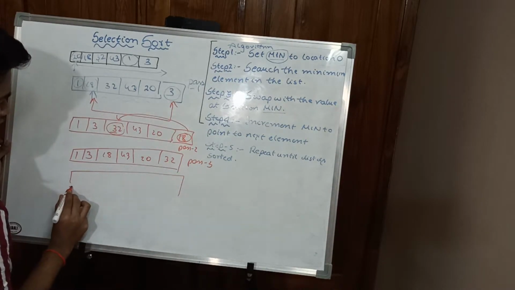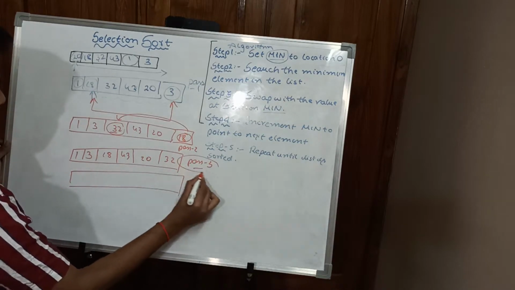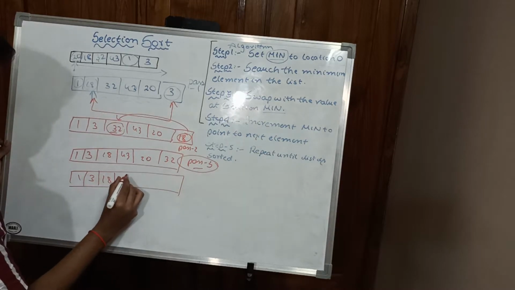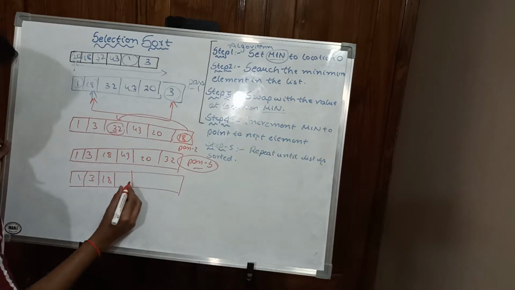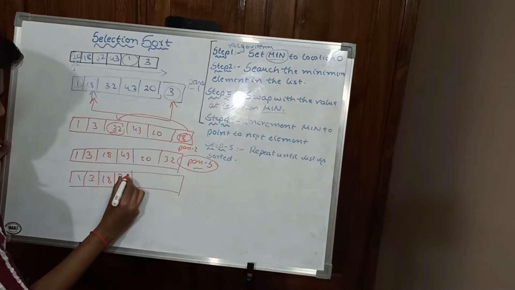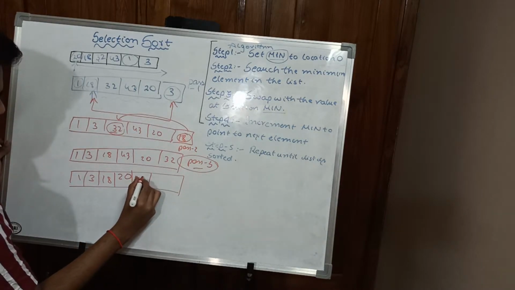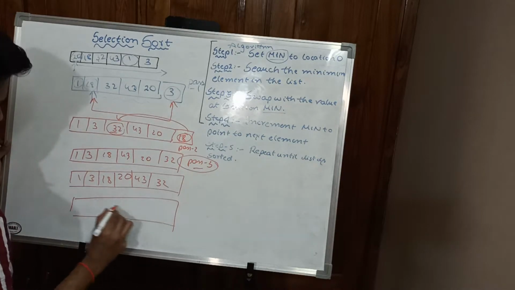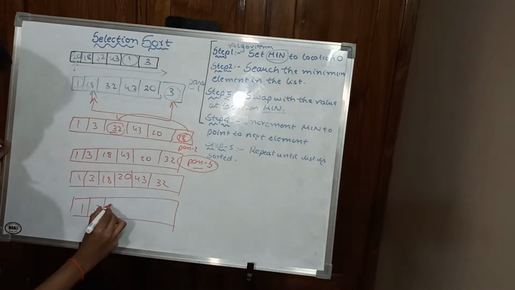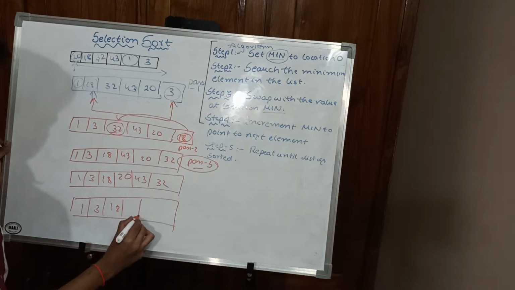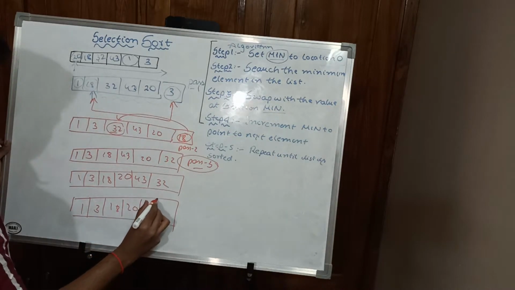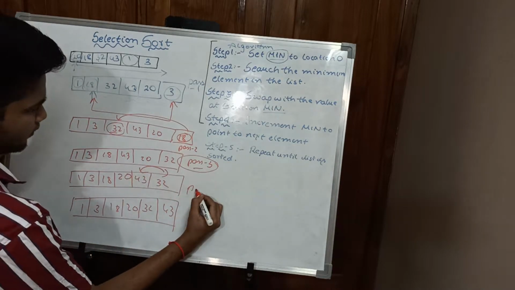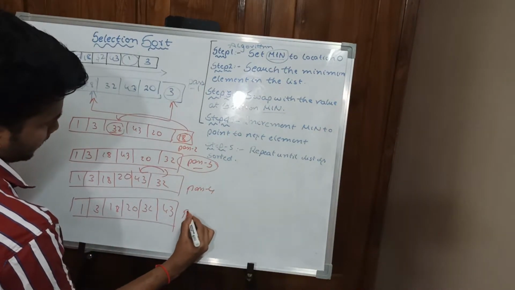By the end of each iteration, we call it a pass. So 1, 3, 18, then 43 is swapped with the smallest element 20, and here we get 43, 32. Again we will check this one: 18, 20, 32, 43 when these two elements are swapped. So that is pass 4 and pass 5.